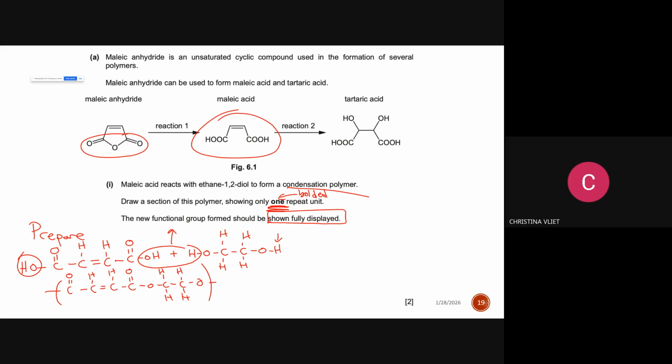And you put the little n on the outside. But even in these mark schemes, they don't require you to write the n anymore. The lines on the outside going out are enough to say you have a polymer. And so 2 marks are awarded the same way. 1 mark is for showing the new linkage, and 1 mark is for the outside part at the correct atoms. That's how you earn the 2 marks.